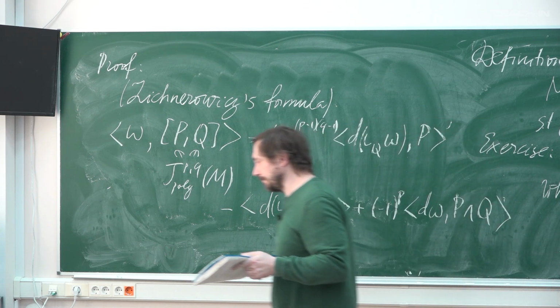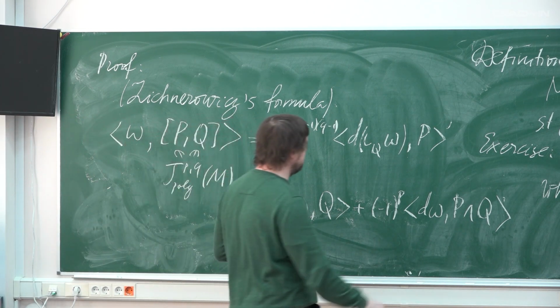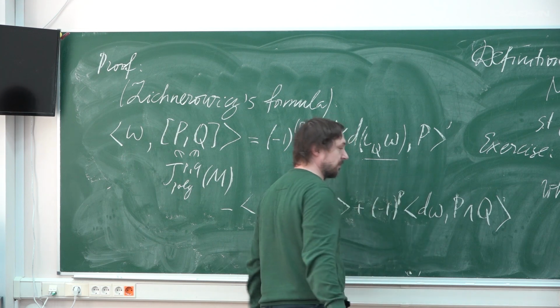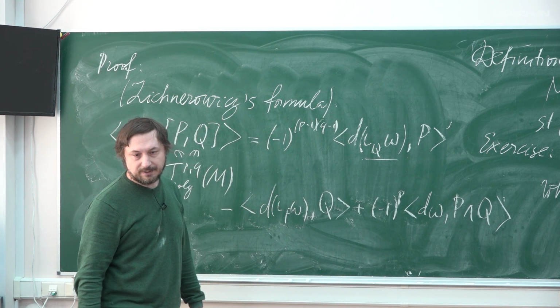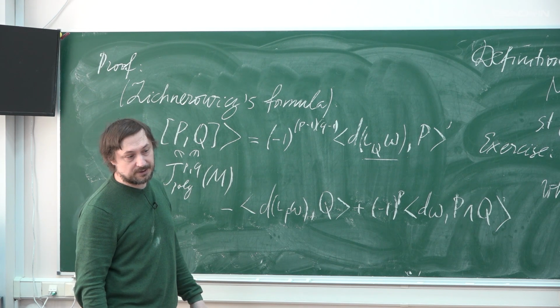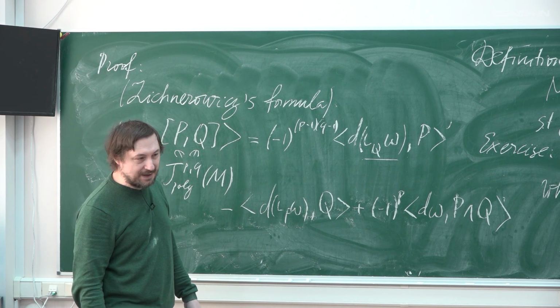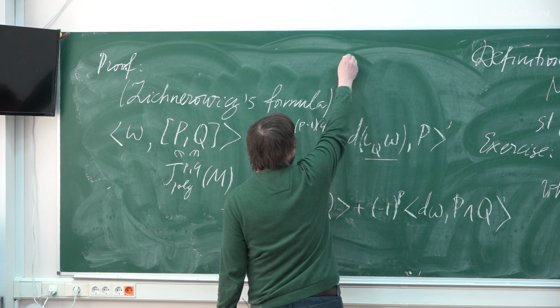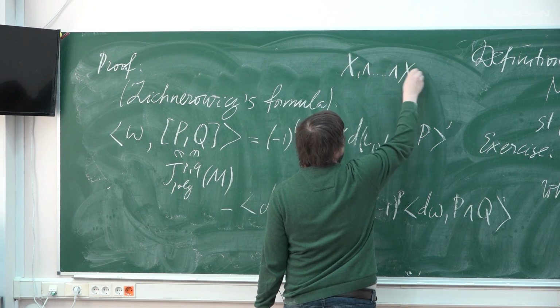So you see, the only thing which probably remains to be explained is this expression. This expression actually denotes the contraction of differential forms with respect to polyvectors. We are all used to contractions of differential forms with respect to vector fields. But now you have a polyvector, and a polyvector is just a wedge product, as I explained, x1 through xp.